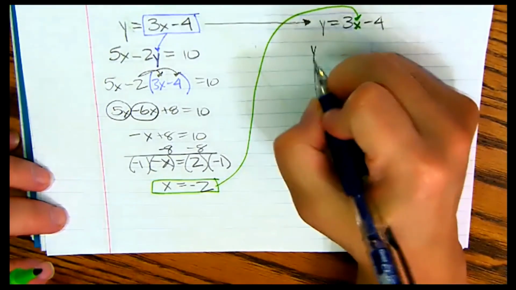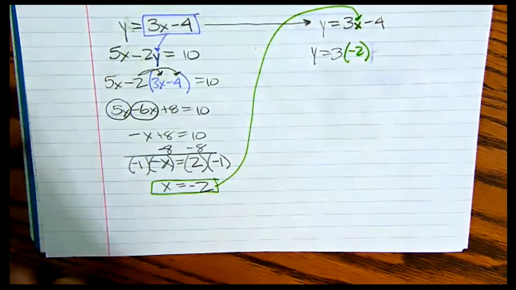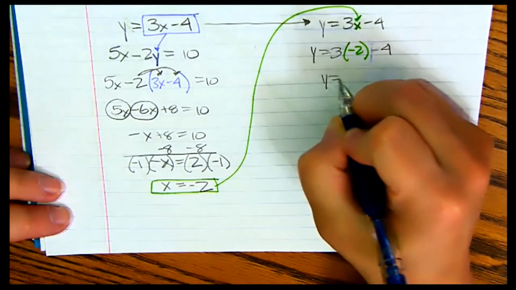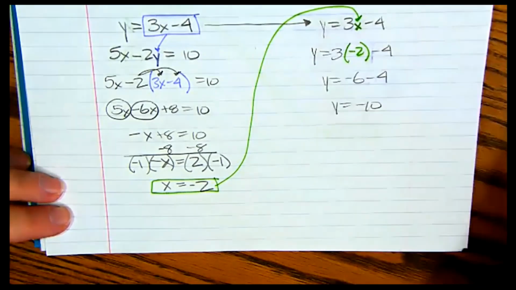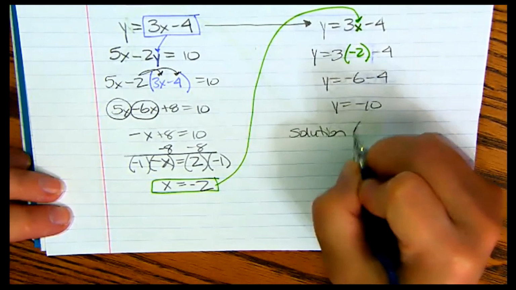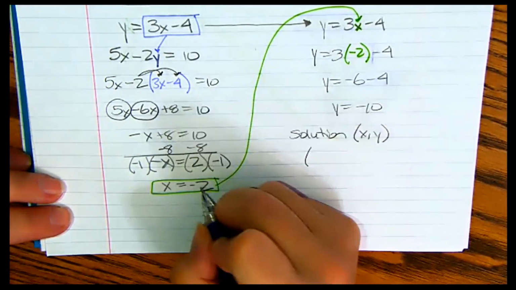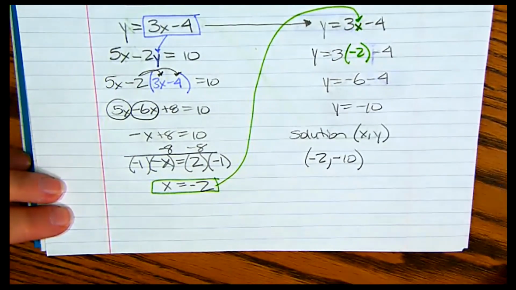So I now have y equals 3 times negative 2 minus 4. Y equals negative 6 minus 4. Y equals negative 10. So the solution is an ordered pair, x, y. My x is negative 2. My y is negative 10.